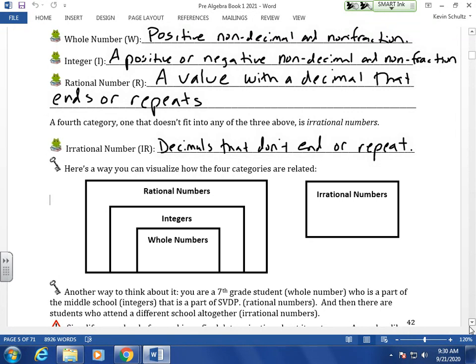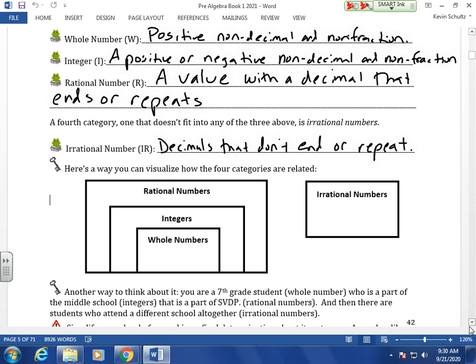-12, okay? Let's talk about -12. Let's look through our definitions again. Is -12 a whole number? Definitely not, because wholes are only positive. -12 is negative. Is -12 an integer? Well, it's a negative, non-decimal, and non-fraction.